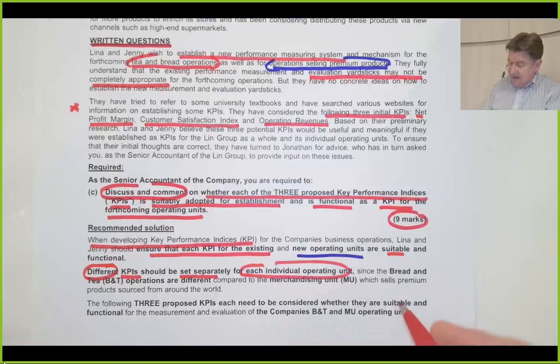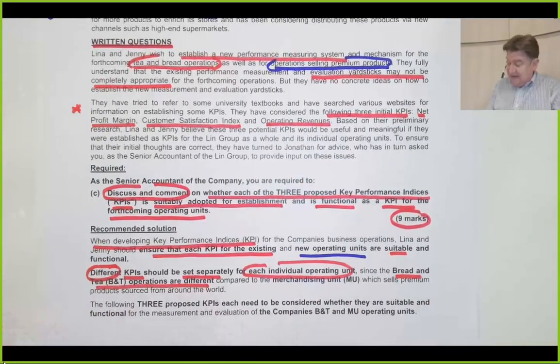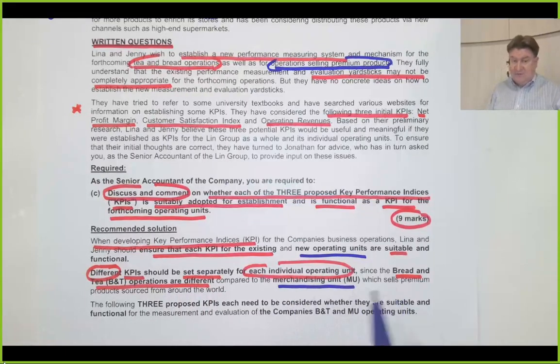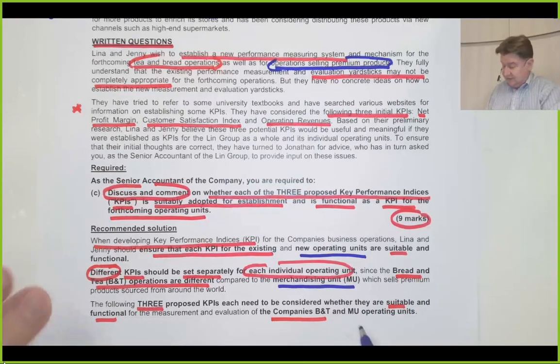And look, as we just said above, we've got bread and tea operations. They're going to be different here to the merchandising unit that sells premium products sourced from around the world. So what we now need to start getting into is thinking about these 3 proposed KPIs. Do we think that they are suitable and functional? This is going to be for our 2 units that we've got just here.